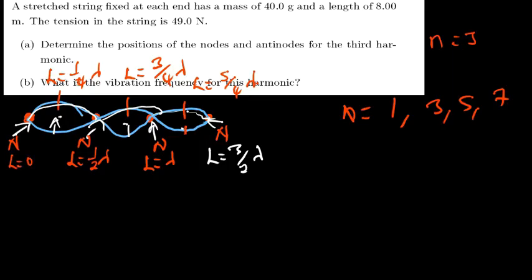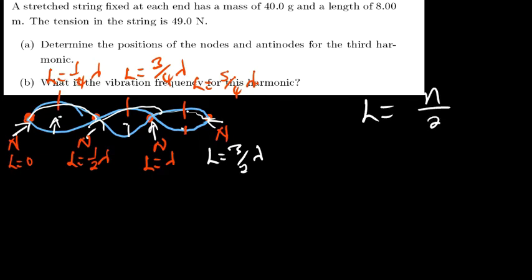So I need to find the value of lambda. How can we find the lambda? To find the lambda in this case, we are going to use this formula. The general formula is L is equal to n over 2 times lambda.